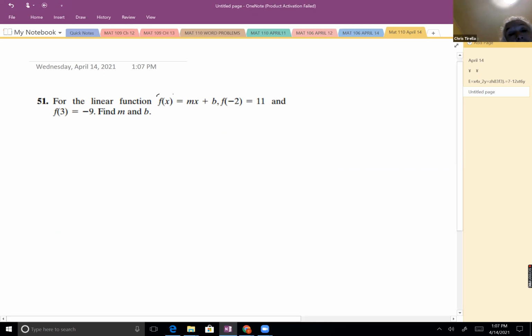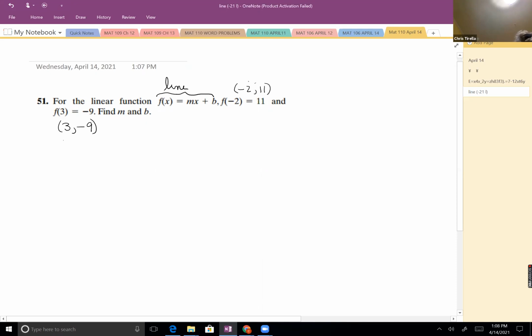Is everybody all right? This would be the equation of a line. And over here, this is saying that when x is -2, y is 11. And this is saying that when x is 3, y is -9. And so basically, what we've got here are 2 points and we want to find the line.